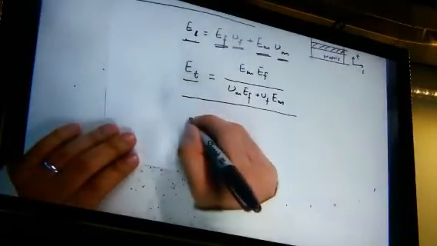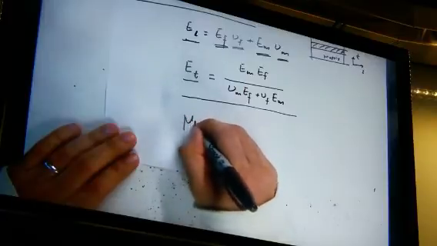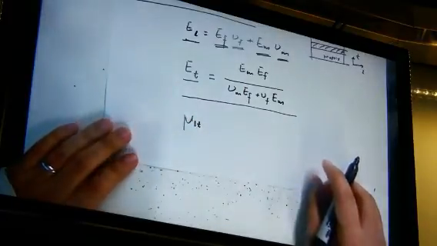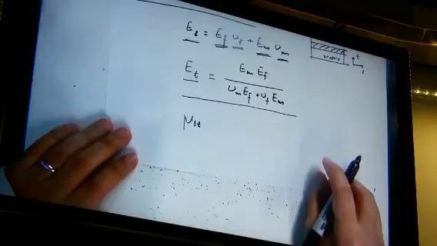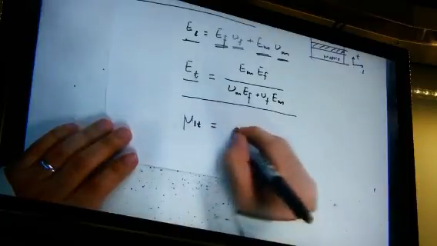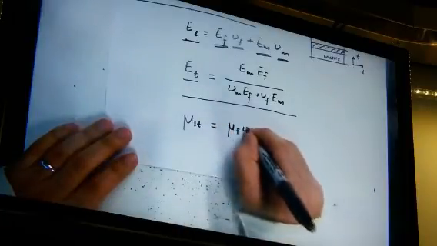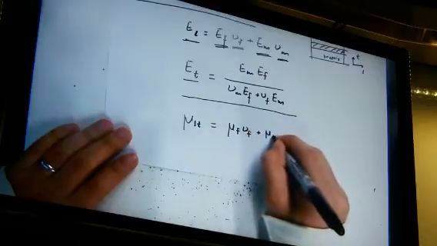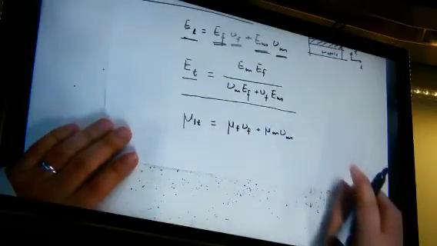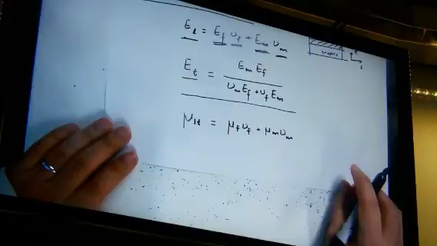And also Poisson's ratio will be different. The first one is the so-called major Poisson's ratio, μ_LT, equal to μ_F V_F plus μ_M V_M.